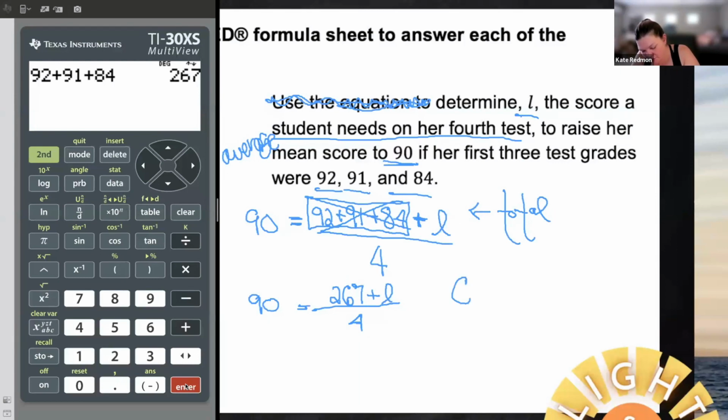Don't forget, you guys, when we're solving, we work the order of operations backwards. So yeah, things that are adding and subtracting are supposed to go first, but things that are inside of groupings, those go last. And yeah, the 267 is adding with L, but it's in a group on the top of a fraction. Okay, free up the group before you touch the 267.